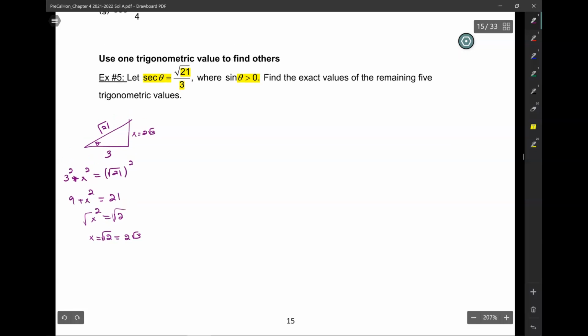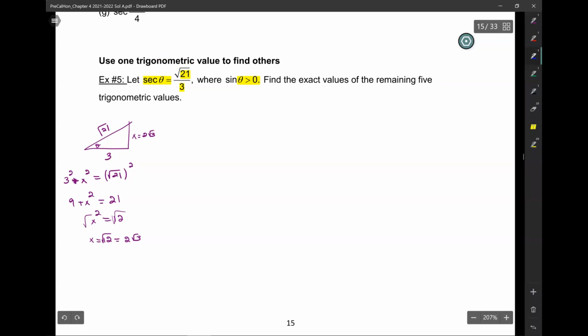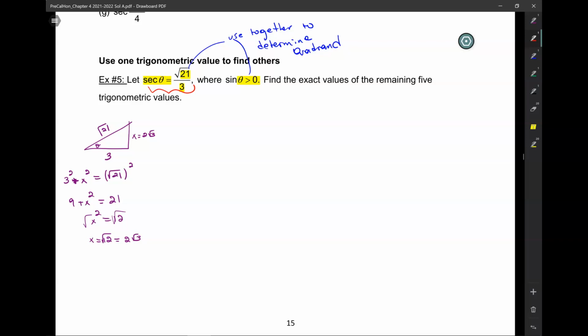Now, you notice how we have two pieces of information here? The secant and the sine is positive. What the heck does that mean? So now we're going to use them together to determine the quadrant. Here I have secant is root 21 over 3.